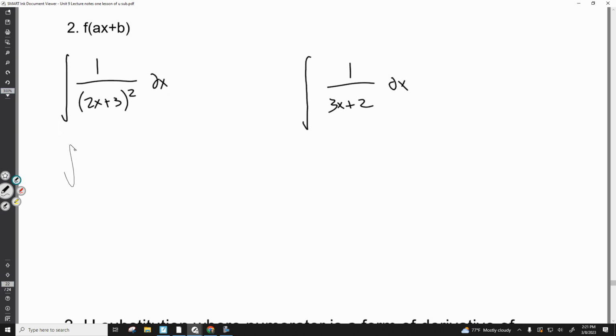Remember, with any power other than a negative first power, we would use the power rule. We skipped a couple of things. We'll come back to it after the break.